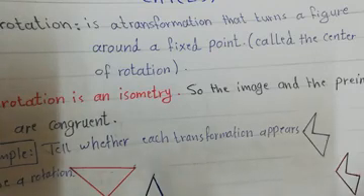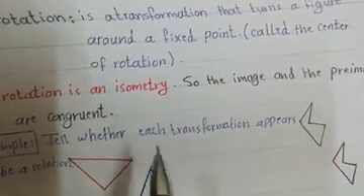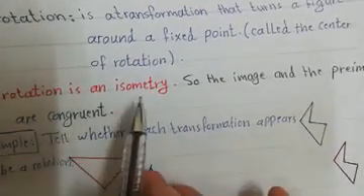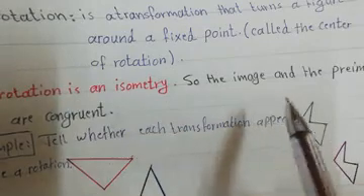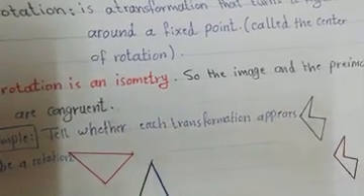It doesn't affect the shape, and it doesn't change its size. It keeps the lengths, the dimensions, the measures of its angles. So, because the rotation is an isometry, the image and the pre-image will be congruent to each other.